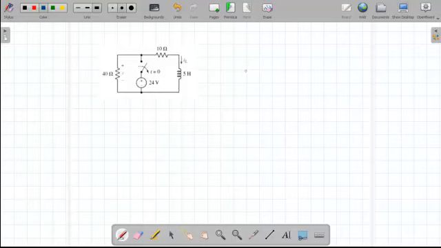So here we can see that we have an inductor, so we will focus on the current. So IL(0 minus), the switch was closed for a very long time, so this inductor is a short circuit, so the current here will be just 24 divided by 10, so it will equal 2.4 amp.